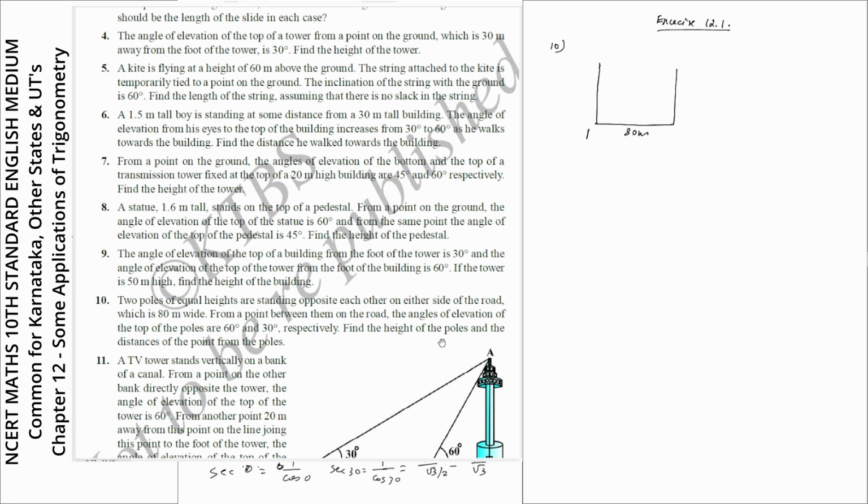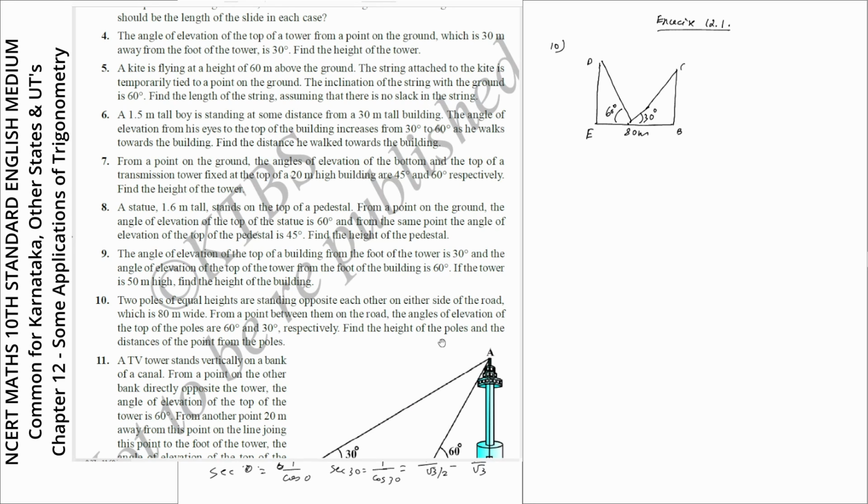I'll call this as D is one pole and BC is another pole, and there is one point between the poles on the road, and the angle of elevation of the top of the poles are 60 degree. One angle of elevation is 60 degree and the other angle of elevation is 30 degree to the top of the pole.